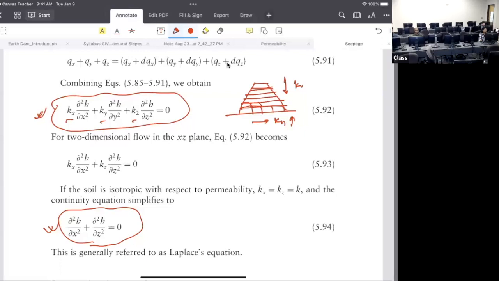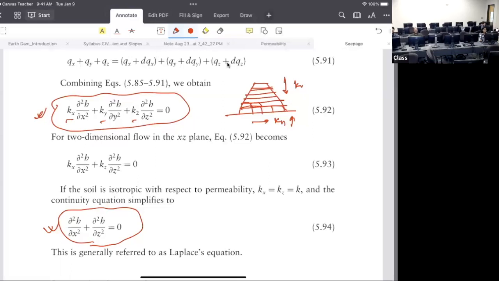So over the years, engineers developed different methods to solve this. Numerical methods, Runge-Kutta method. One of the very popular numerical methods is finite element.